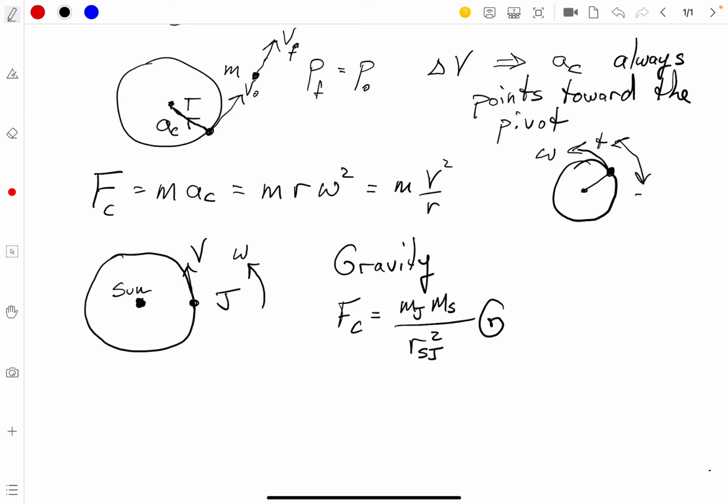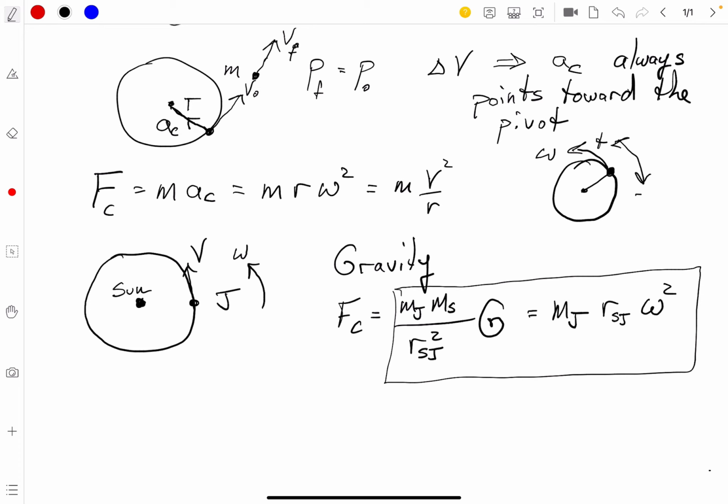But at any rate, this is the equation, but that also happens to equal the mass of Jupiter times the radius of the sun to Jupiter times how fast it's angularly going around, omega squared. So we can take this equation right here. They're both equal to our centripetal force, and we can solve for stuff, right? We can solve all kinds of things.